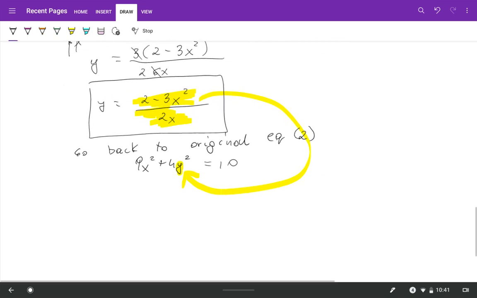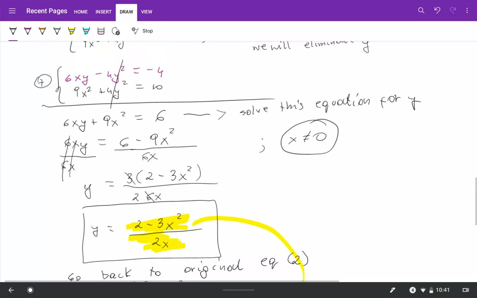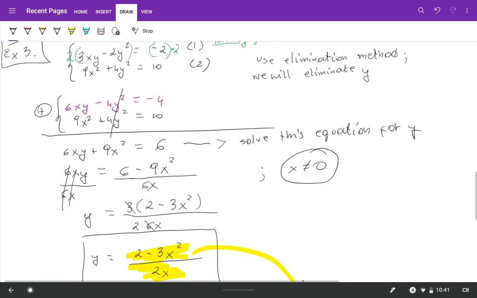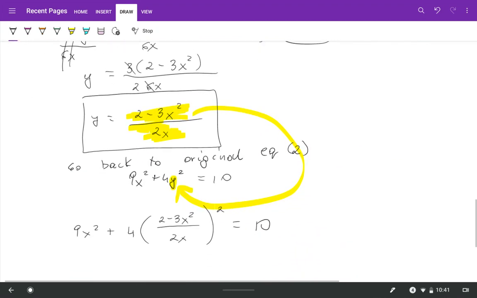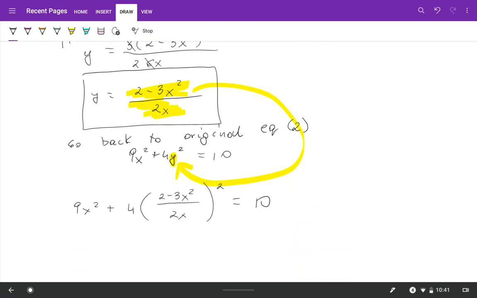Okay, so we have 9x squared plus 4. We're going to replace y with 2 minus 3x squared divided by 2x. Bring everything to a second power equal 10. Okay, let me see if I copy the equation correctly. 9x squared plus 4y squared equal 10.